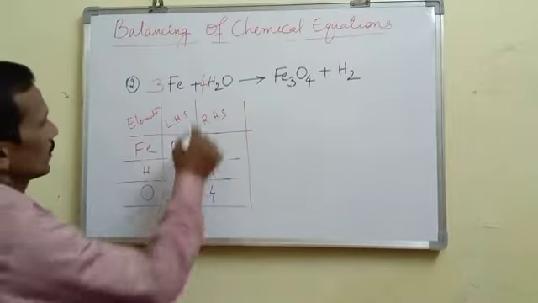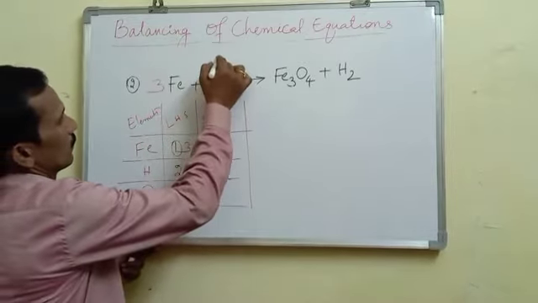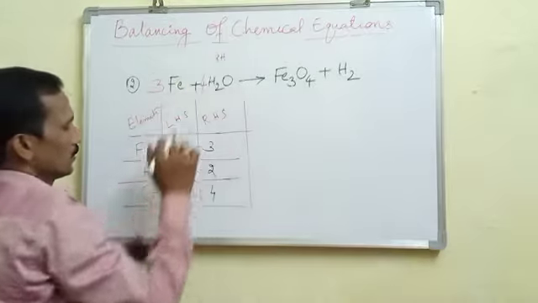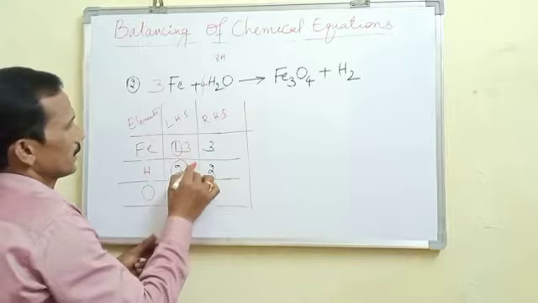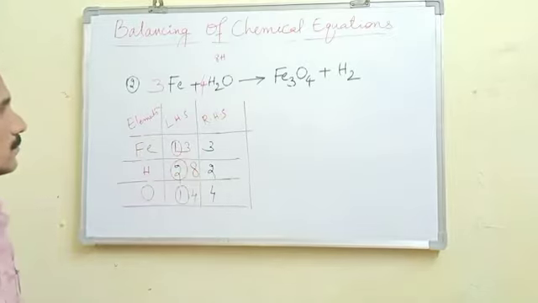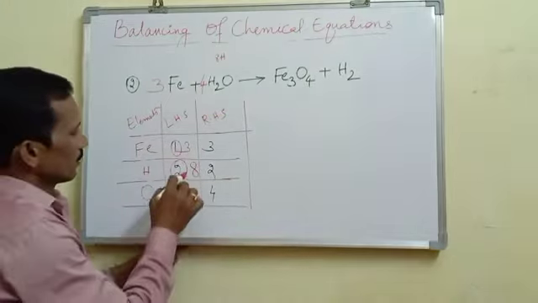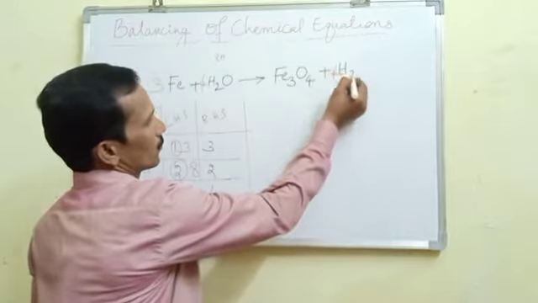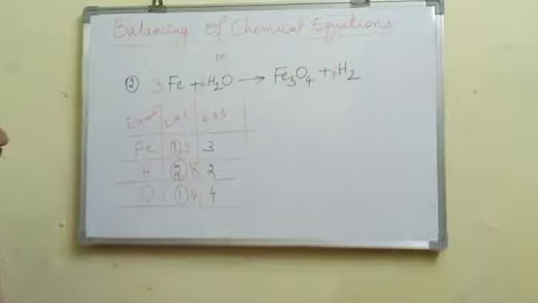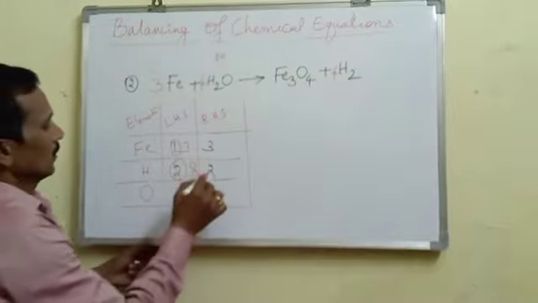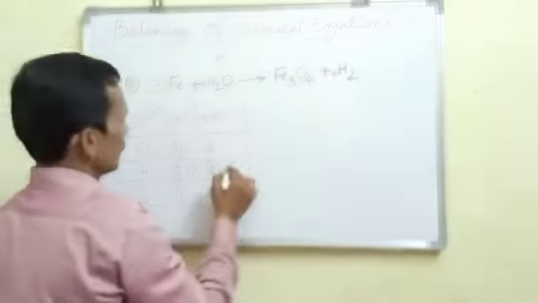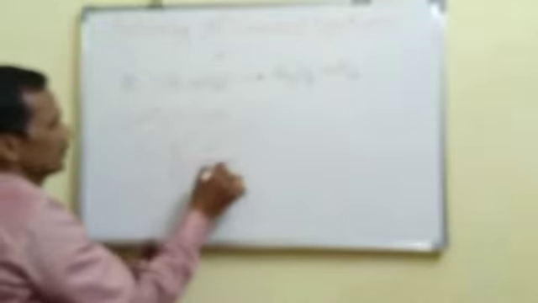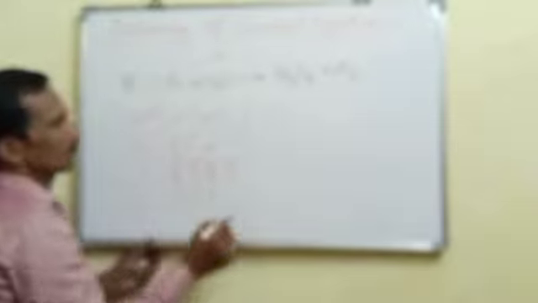Next, hydrogens. How many hydrogens are here? 4 into 2, 8 hydrogens are here. To balance 8 hydrogens, we simply multiply here with 4, 4 into 2 is 8. Now check once: iron 3, 3, hydrogen 8, 8, oxygen 4, 4.